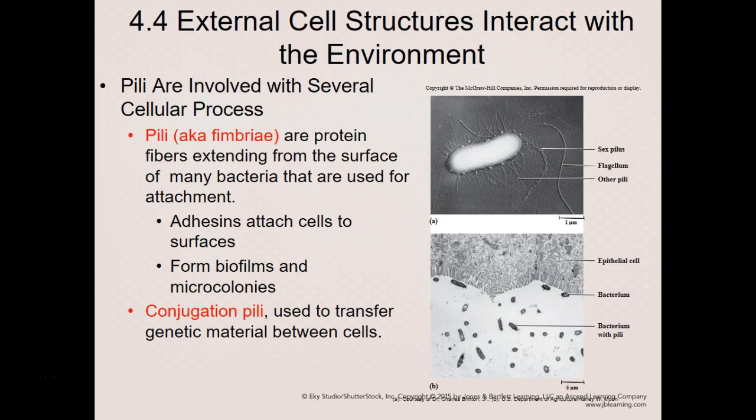Pili help us to form biofilms, because once we have a sterile environment that has nothing on it, the cell can use its fimbriae or pili to attach. We have special pili called conjugation or sex pili that allow us to attach one cell to another cell to allow exchange of genetic information.